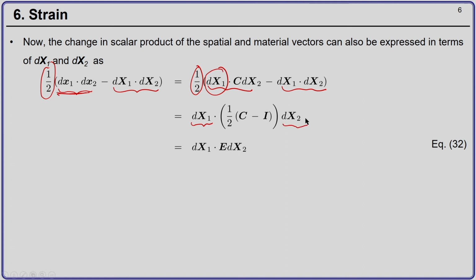So, this is what is there. So, what is left in the bracket? 1 by 2 C minus I. So, 1 by 2 C minus I is what remains. And then we write 1 by 2 C minus I as another tensor E, capital E.